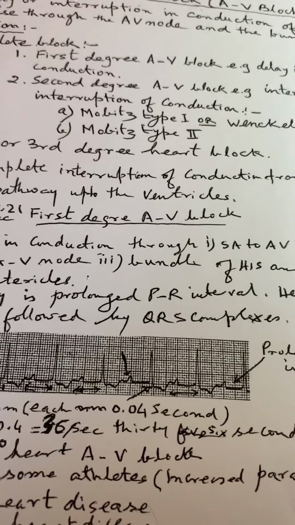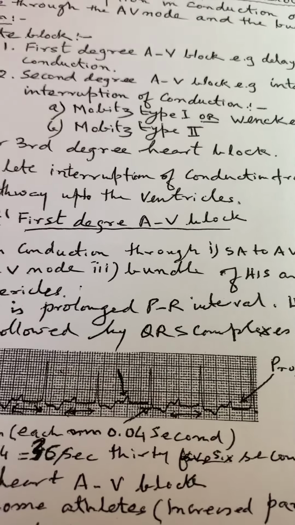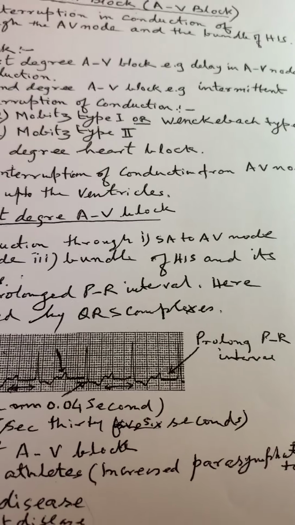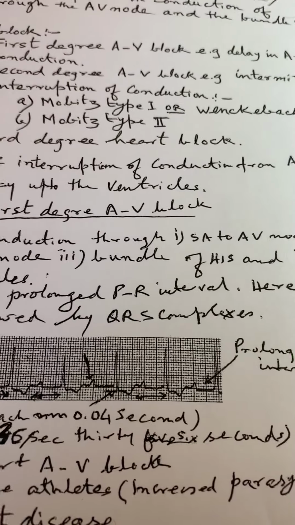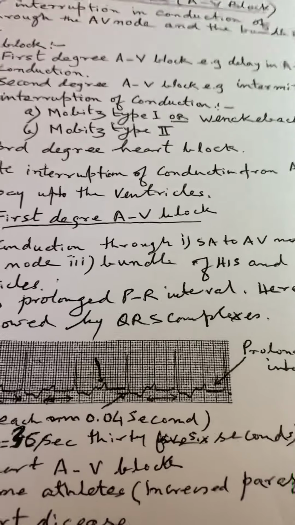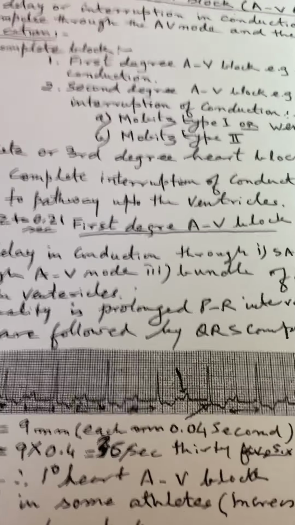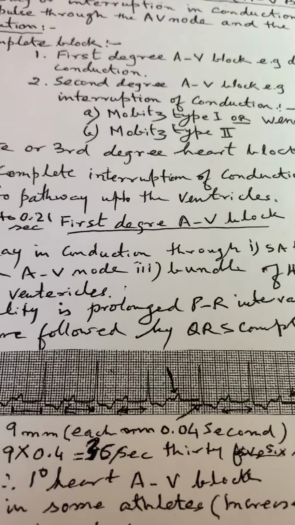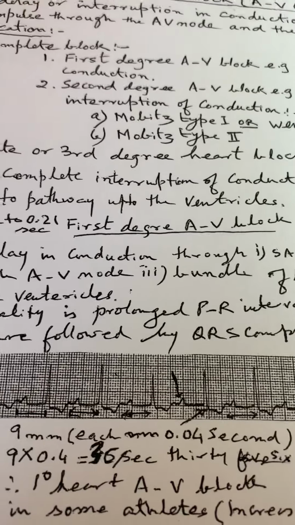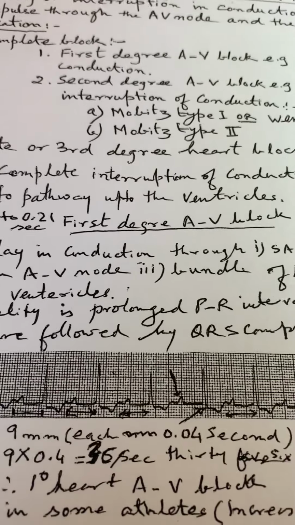So the second degree heart block is a block in the AV node. There is intermittent block of AV conduction, not continuous. In third degree, there is a complete damage of connection between the AV node and downwards. That is, the impulse will not travel from the AV node downwards.